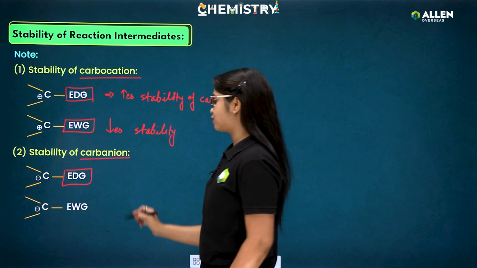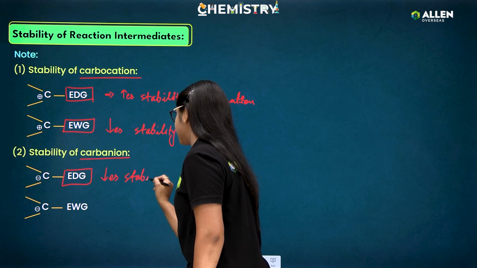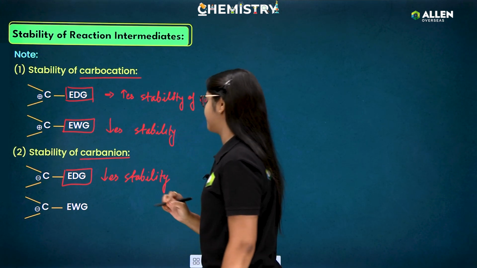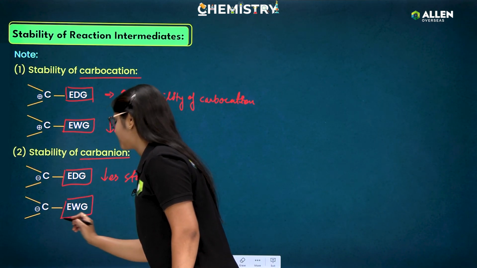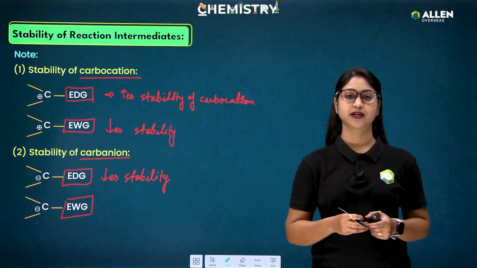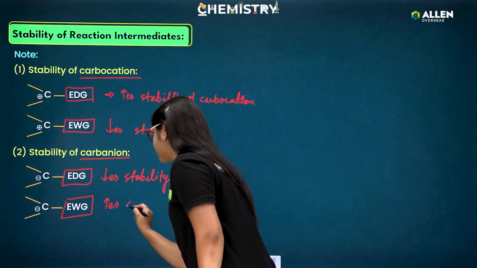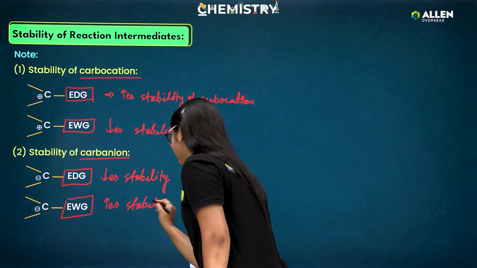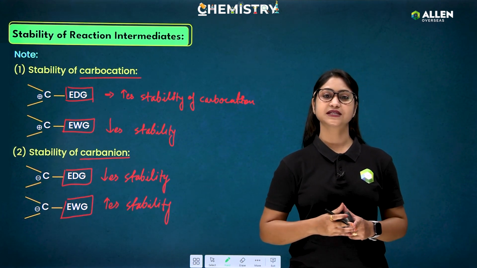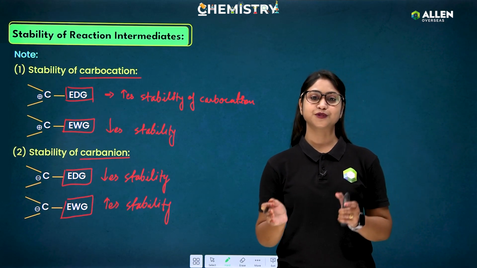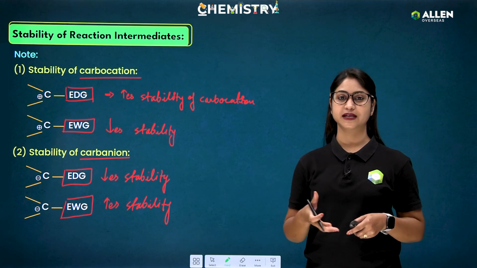So when an electron donating group is attached, they are decreasing the stability of carbanion. Whereas electron withdrawing groups withdraw electron density from the carbanion, making it more stable. So in presence of electron withdrawing groups, stability of carbanion increases. This is how we can find out which groups will make the carbocation more stable and which will make it less stable. Similarly for carbanion.